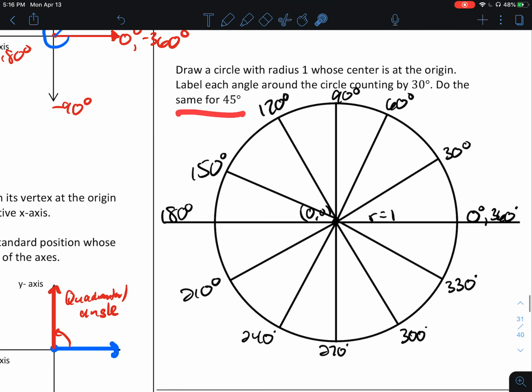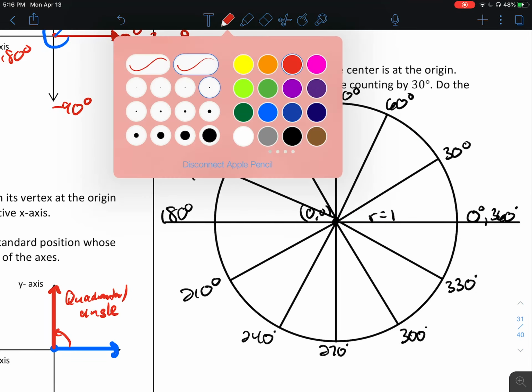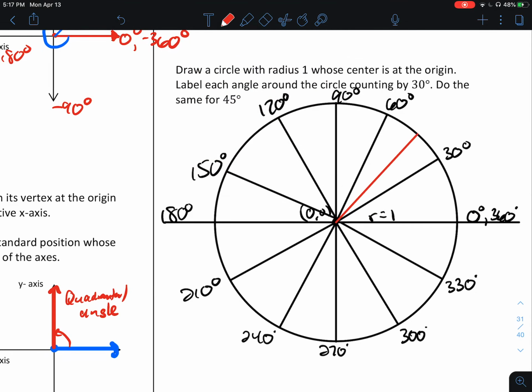We're supposed to do the same for 45 degrees. Well, if you look at the 90, 45 is going to be halfway between it. So we got 0, 45, 45 more is 90.